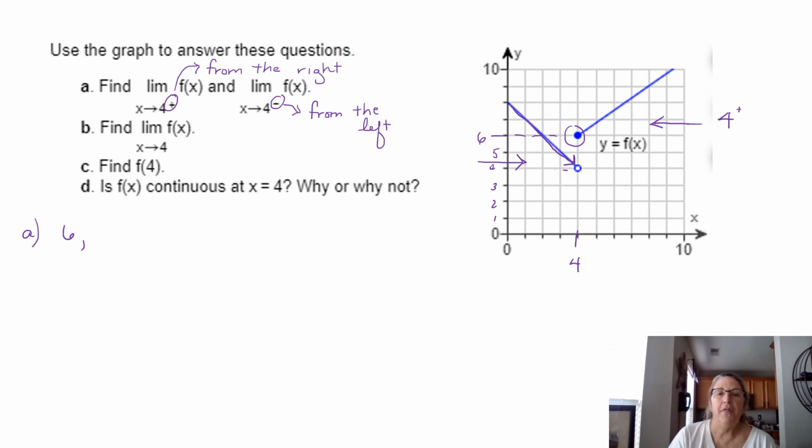And so that gives me the y value of 4. So we're approaching from two different sides. So if it's from the right, our answer is 6. If it's from the left, our answer is 4.